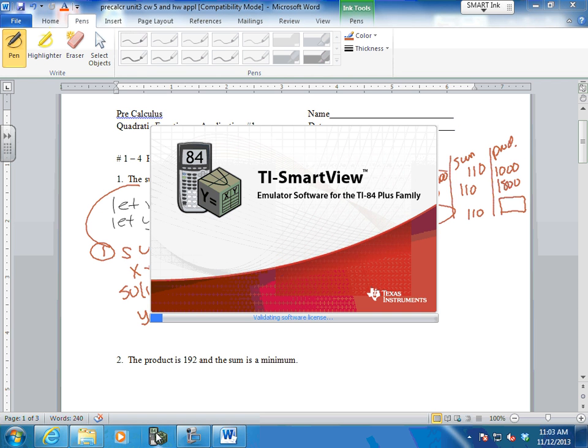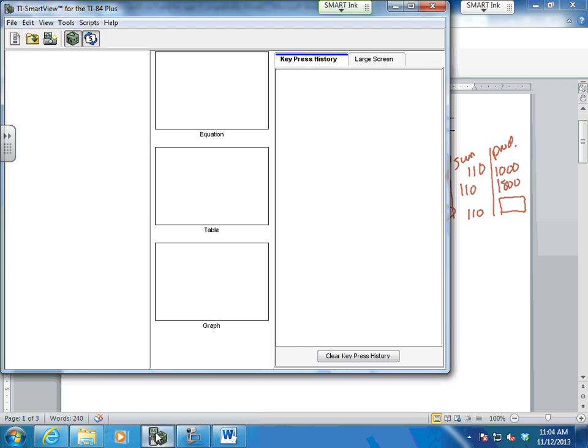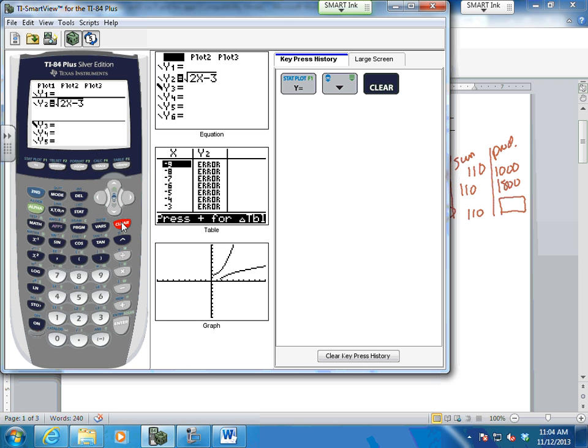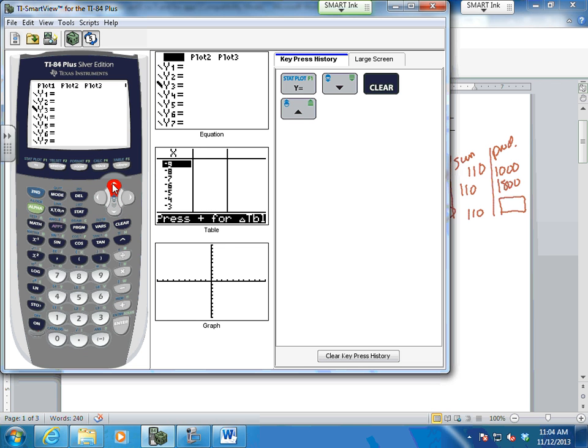And what am I going to change to get quadrant 1? The negatives. I got to make my minimums be what? Positives or 0. So we're going to make your minimums start at 0. Clear out whatever's in here. Now, we're going to put your equation in here. X times 110 minus x.